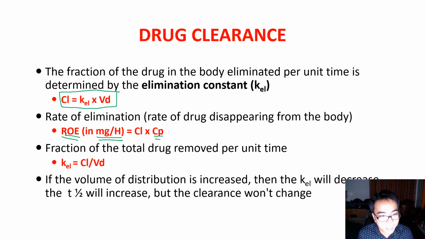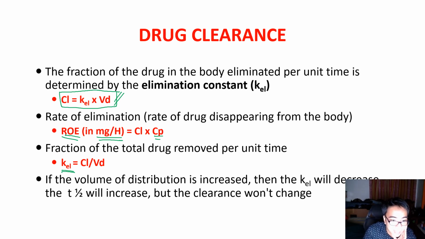Okay? And next one, class, would be, of course, the fraction of the total drug removed per unit of time. This one is, ito, elimination rate constant. Okay, KEL. And that's clearance over VD. Nanggaling lang naman dito sa formula na to. Okay? So if the volume of distribution is increased, then the elimination rate will decrease. And the half-life will increase, but the clearance won't change. This is referring, class, to proportionality. Okay? Sige, pakita ko na.